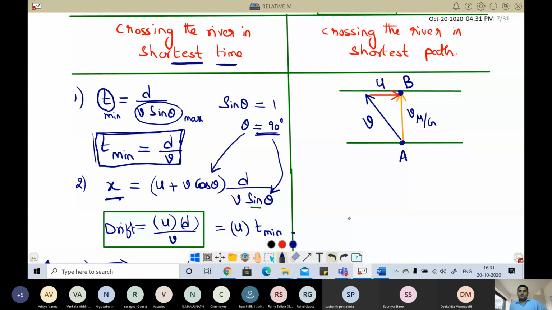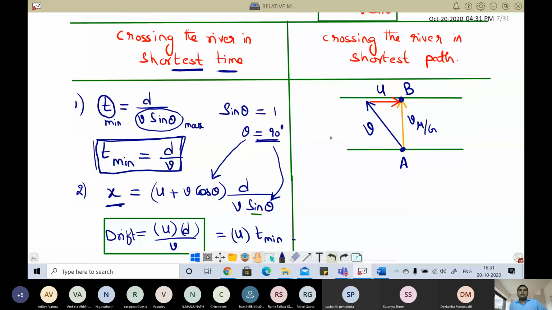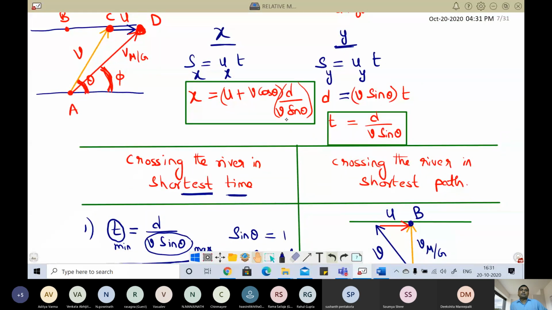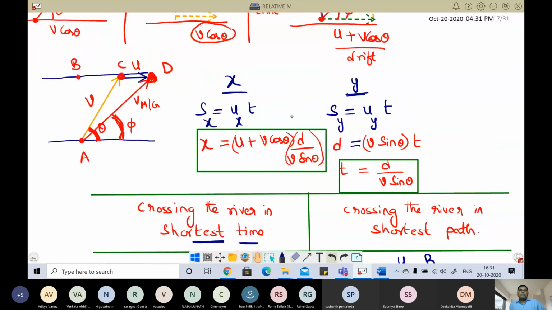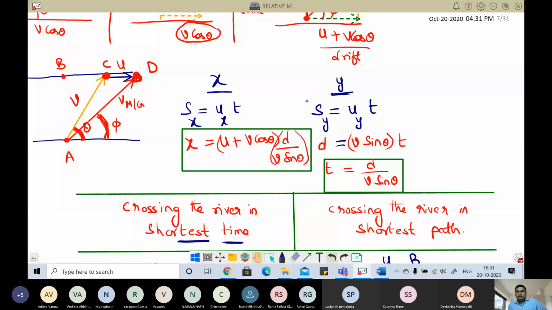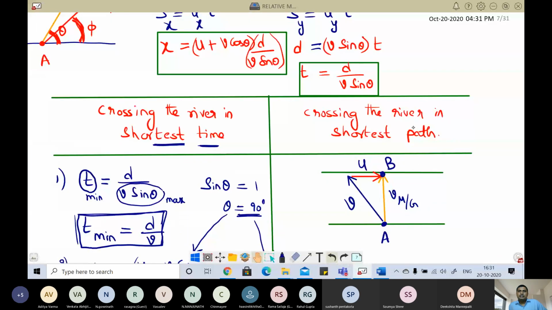So now, for getting the expressions from equations, we have two equations, time and drift. Here you should understand that when you are achieving this case, that is crossing the river in the shortest path, you are not having any drift.